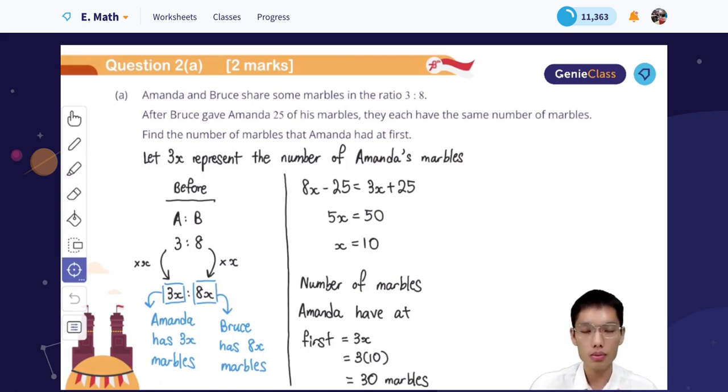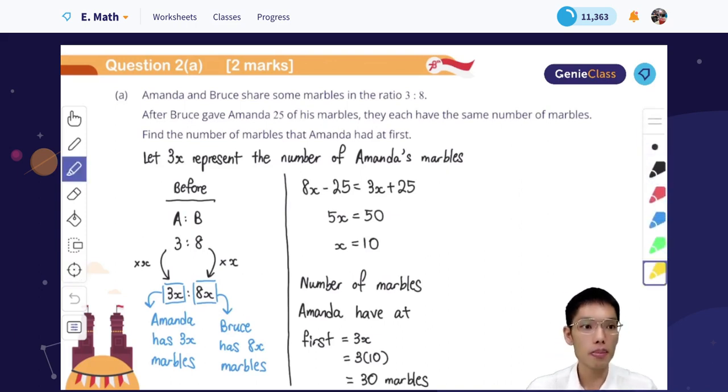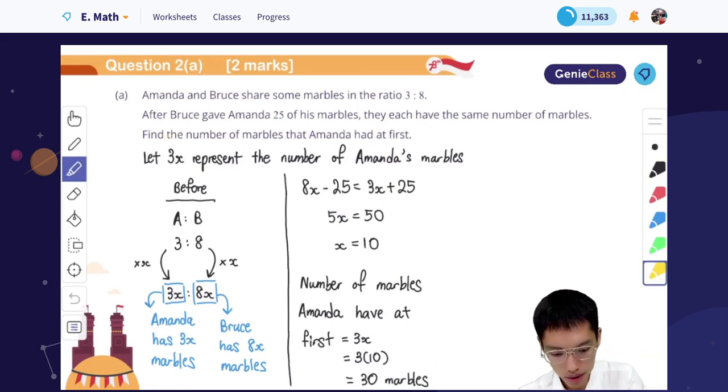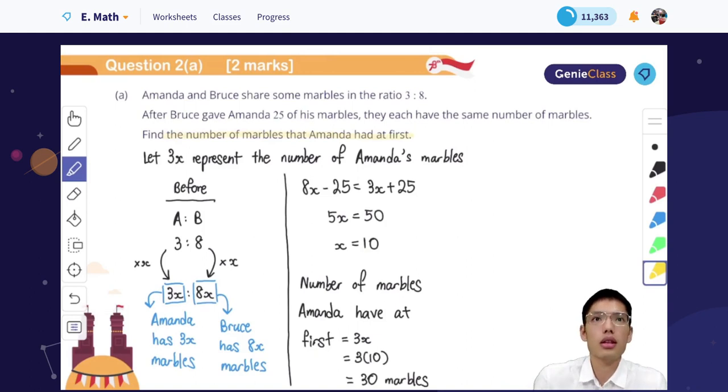And what we do is we will actually fix a particular algebraic notion over here. So how to know what to fix? Depending on the question. All right. Number of marbles that Amanda has at first. So this will be the number of marbles Amanda has at first. As in this case, I cannot write 3. 3 is not the number that Amanda has at first. So I introduce a variable.